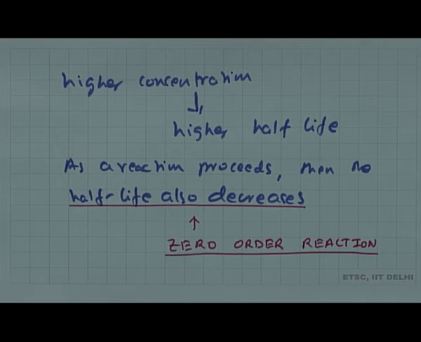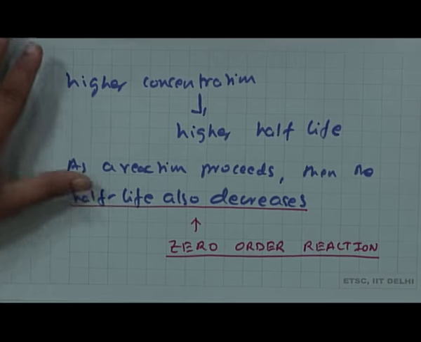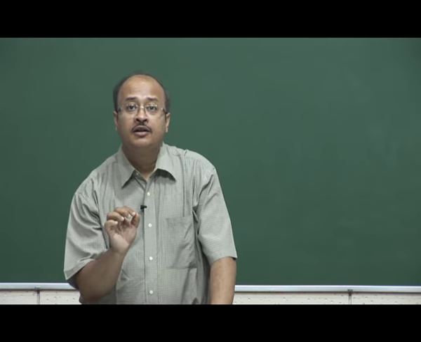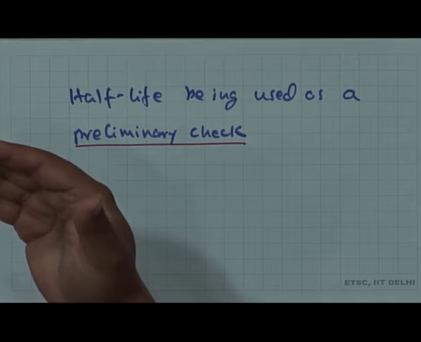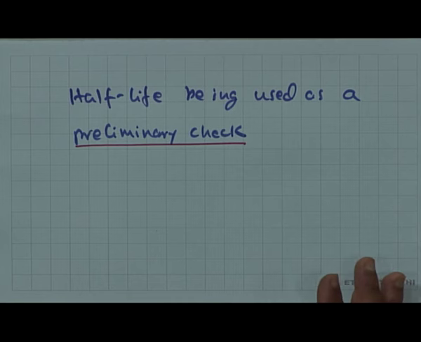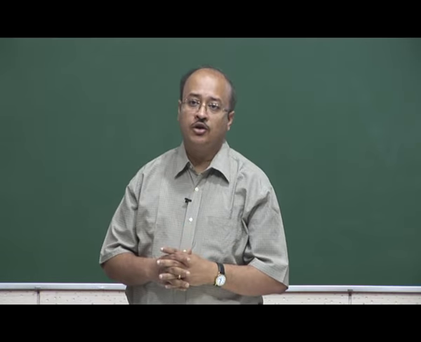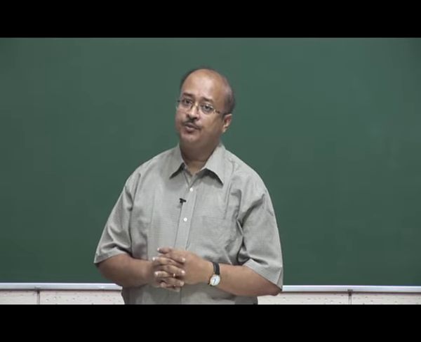Conversely, if you are given a kinetic profile and from there you see that the half life is decreasing as a function of time, as the reaction is progressing, then you immediately say, as a preliminary check, that it should correspond to a 0 order reaction, or that the reaction I am looking at follows 0 order kinetics, right.